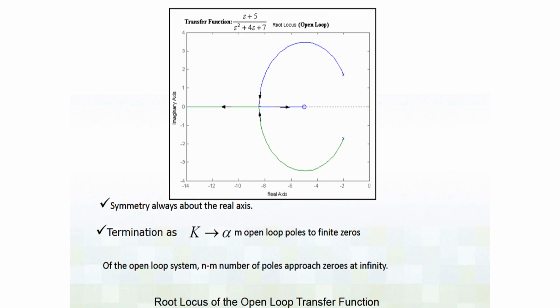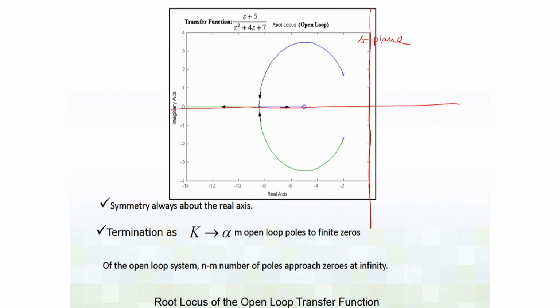The second rule says that whatever the root locus is, the roots will always be symmetric about the real axis. This is the s plane, this is the real axis and this is my imaginary axis. With respect to the real axis the root locus is always symmetric, not with respect to the imaginary axis.